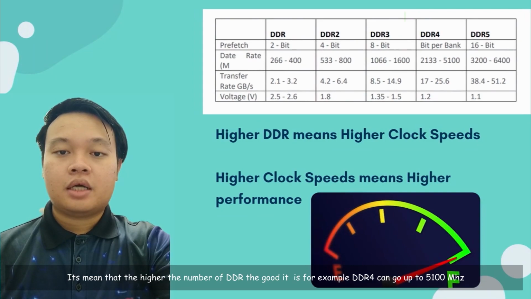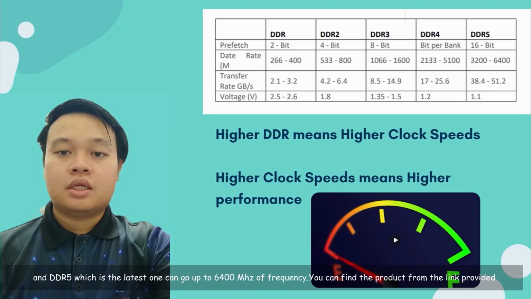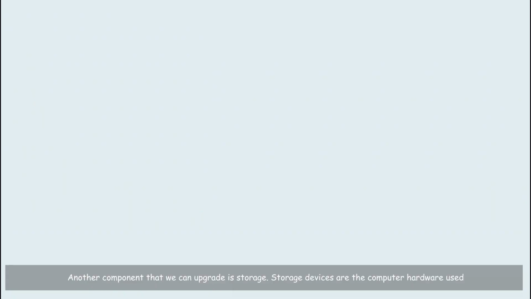It means that the higher the number of DDR, the better it is. For example, DDR4 can go up to 5100 MHz, and DDR5, which is the latest one, can go up to 6400 MHz of frequency. You can find the product from the link provided below.